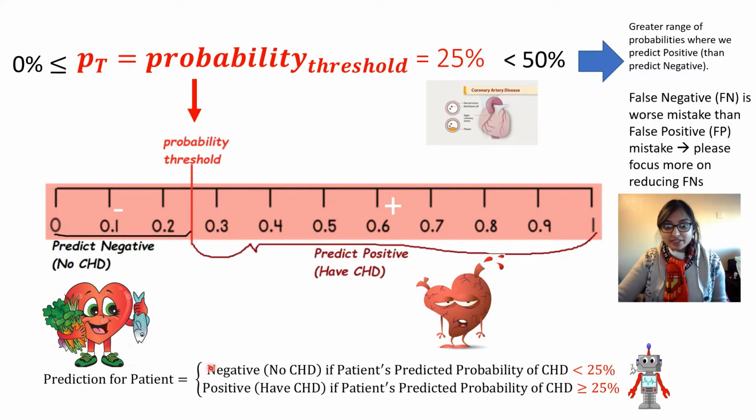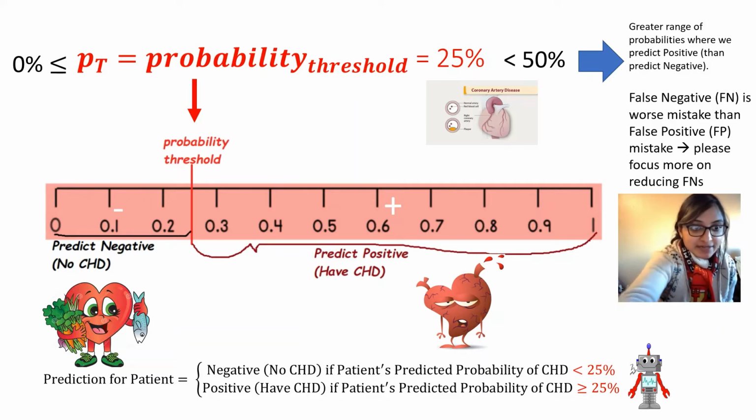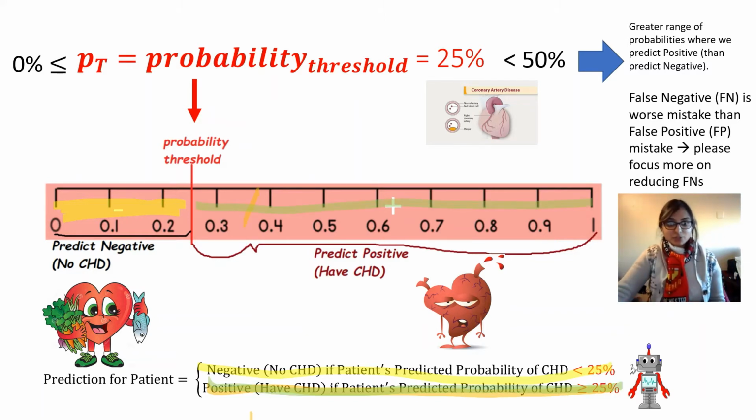So the range for negative is here from 0 all the way up to, but not including, 25%. We predict negative for just these people here, and for the others, we're predicting positive. We are predicting positive if their predicted probability is greater than or equal to 25%.